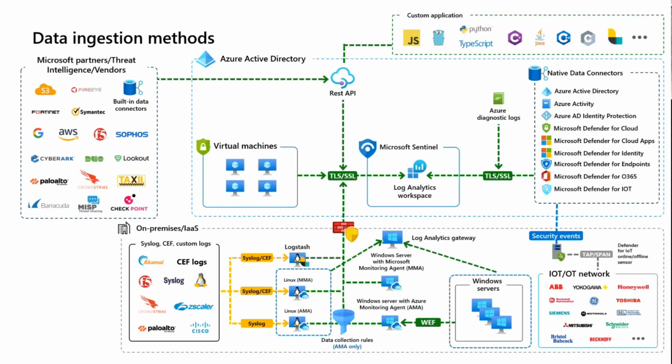This is a slide that he shared previously. I'm not going to go into it. I did want to mention a few things. One is that these integrations with the native data connectors, specifically with Defender 365 and Defender for Cloud, are bidirectional. So if you make a change on Sentinel, if you close the ticket in Sentinel, it'll be automatically closed on Defender.